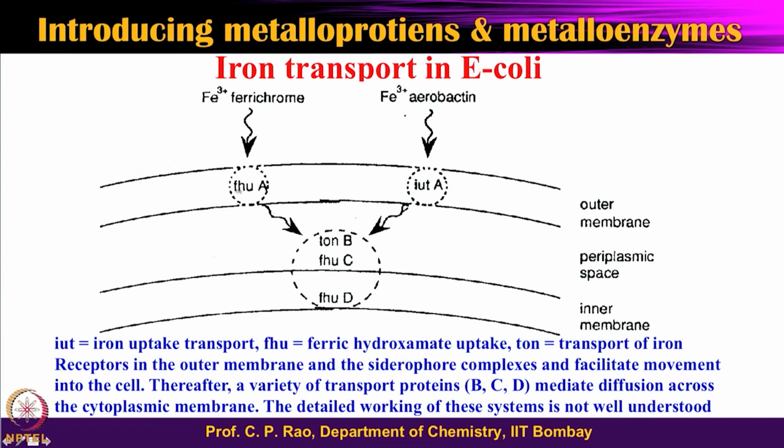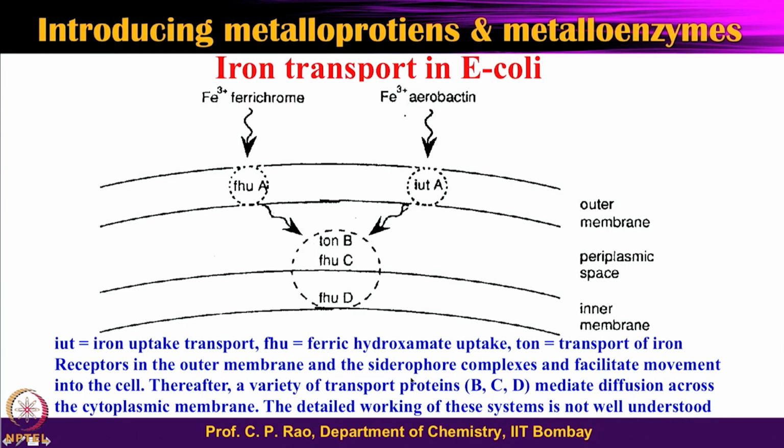So, it is transferred to this, and these in turn are carried and transferred to this inner one, and this further goes and releases in the blood. Okay. So, you have one level of capture of the iron, transferring to another level, and then transferring into the blood. Okay.